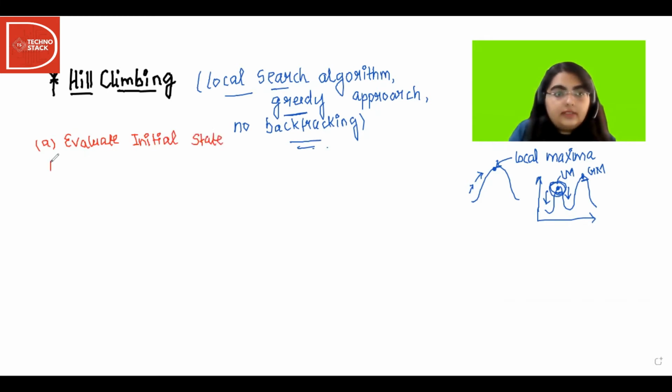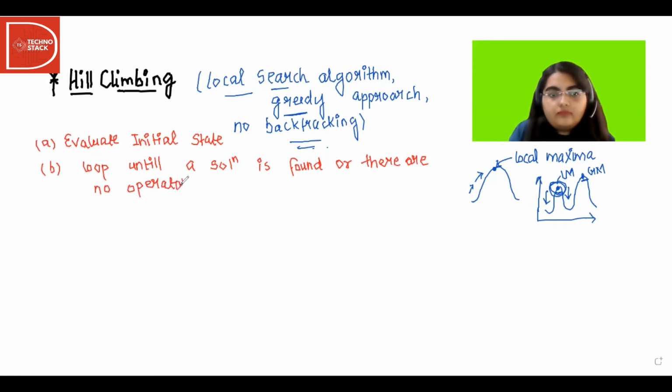After evaluating the initial state, you have to loop, checking the states until a solution is found or there are no operators left. We have to iterate until we don't have any more operators, or we find a solution.